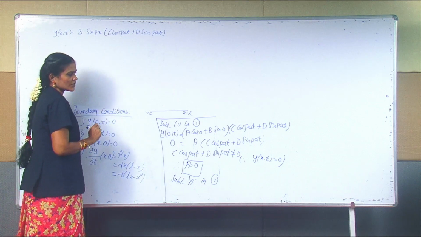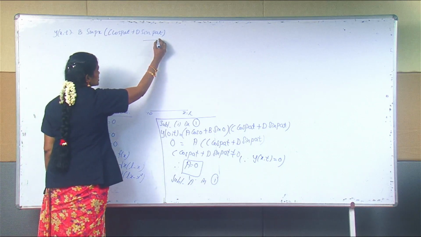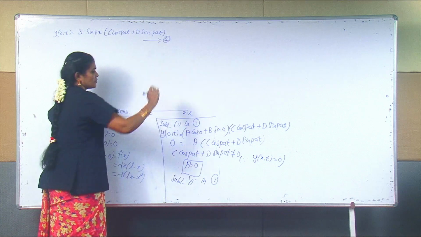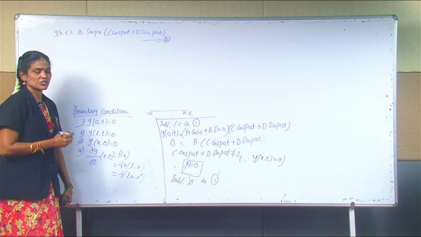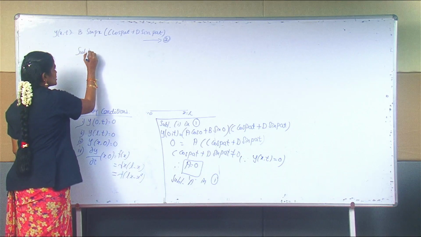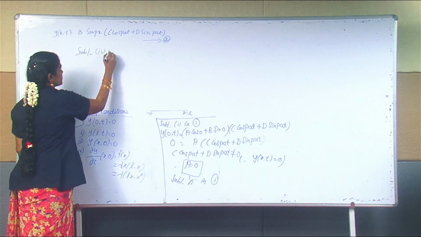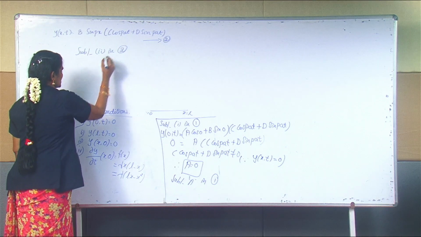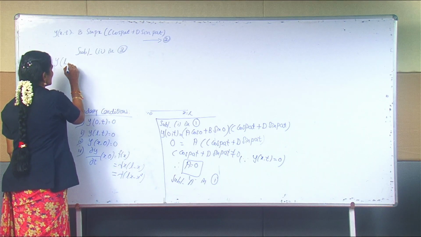So, now this is our correct solution, and you have to consider it as equation number 2. Next, you have to substitute the second boundary condition in equation 2.